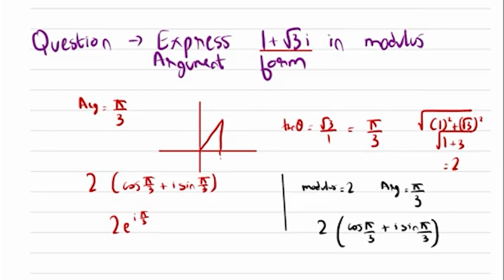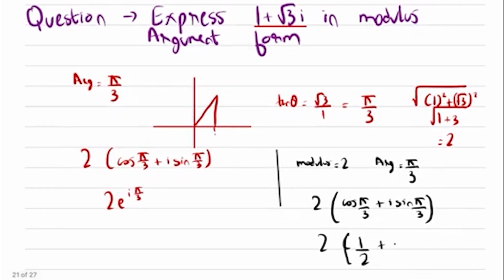So cos pi upon 3 is 1 upon 2. It's 1 upon 2 plus, and sin pi upon 3 is under root 3 upon 2. So if you multiply this, you're going to get 1 plus under root 3 iota. Is this the same complex number?